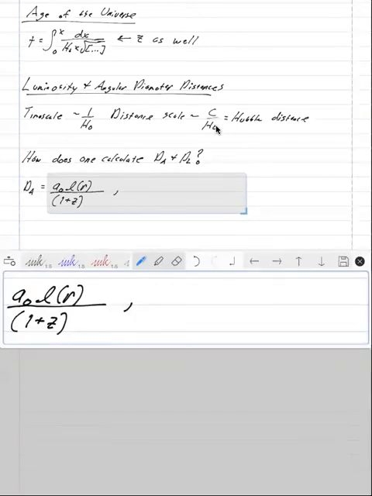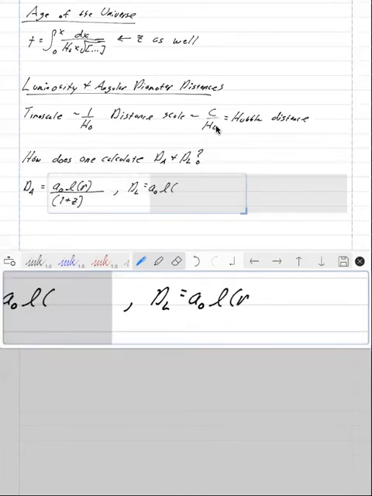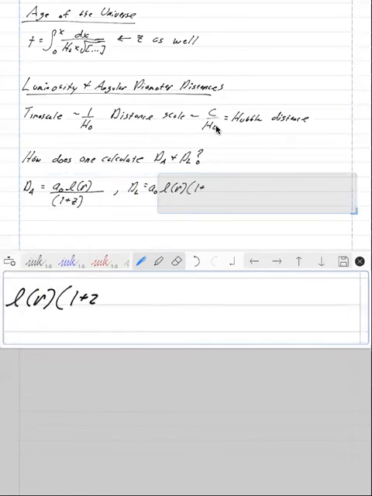All right. And the luminosity distance is equal to a0 times L, which is a function of r, times 1 plus z.